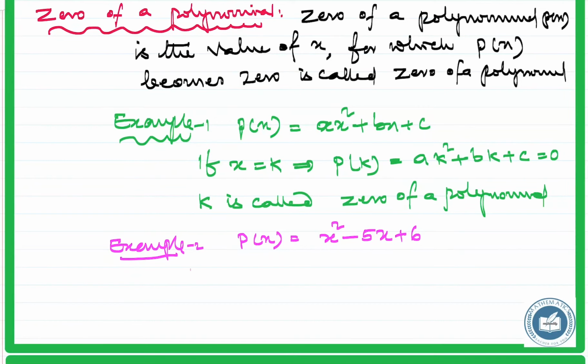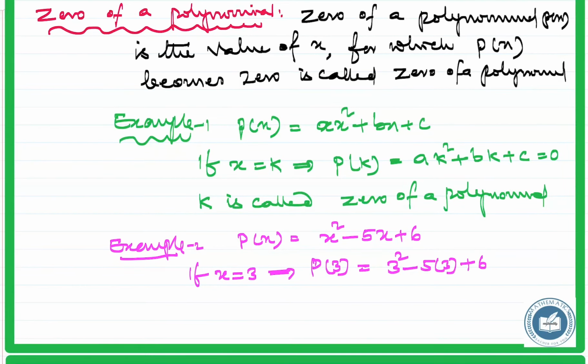If x is equal to 3, then p of 3 means in the place of x, you substitute 3: 3 square minus 5 times 3 plus 6.